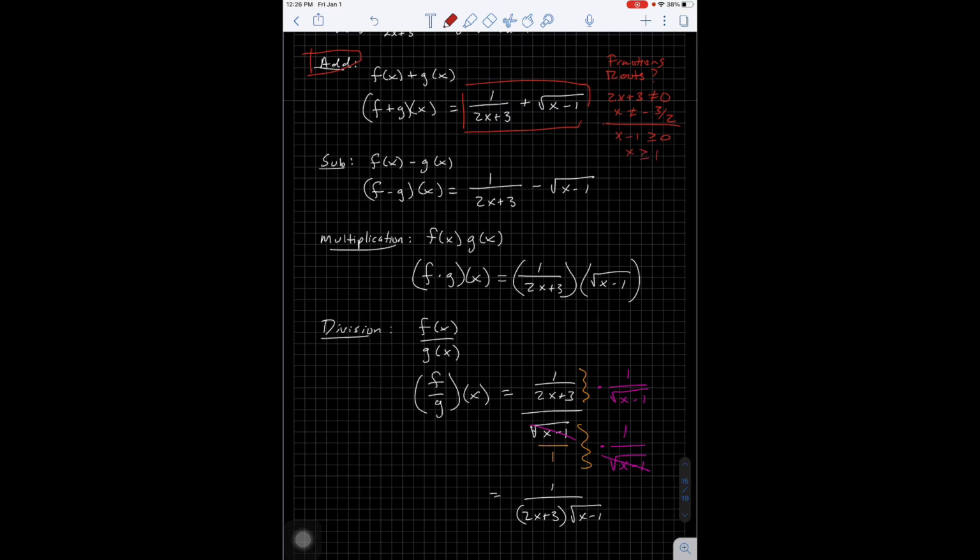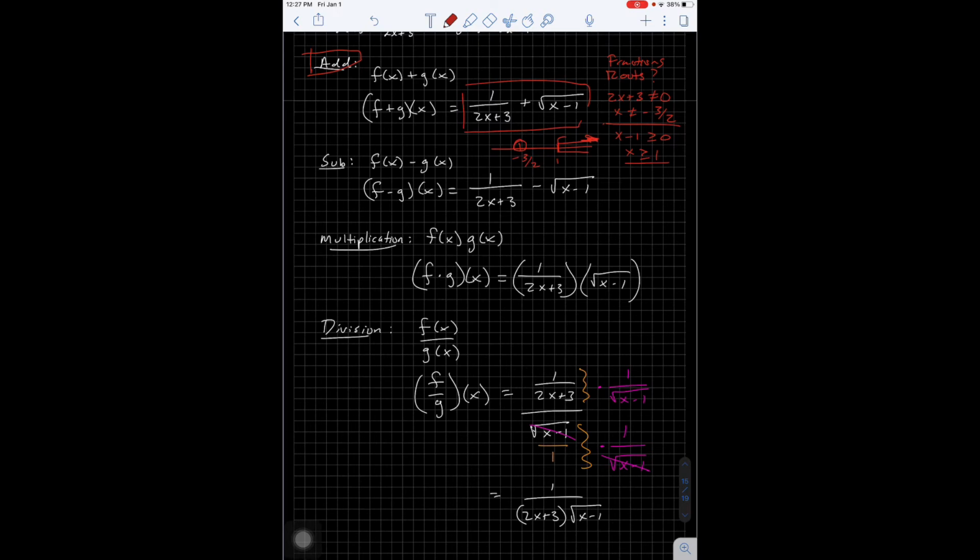Now both of these have to be true for the domain. So if you draw a number line and look at it there, here's negative 3/2 and here's 1. So this says that x has to be greater than or equal to 1, which is anything above 1, and it also can't equal negative 3/2. Well, negative 3/2 was already invalidated by this greater than or equal to 1, so it's kind of redundant.